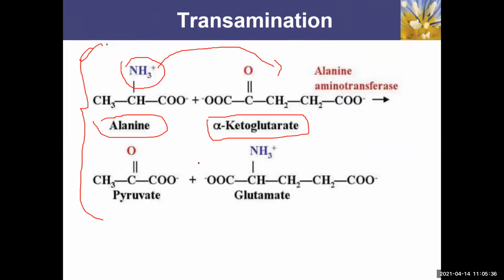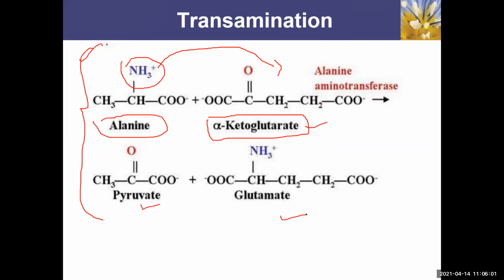Okay, then if you see here, as I transferred this amino group to the alpha ketoglutarate, we basically removed the amino group and we produced the carbon skeleton. And if you see here, it gave rise to a pyruvate and also the glutamate, right?